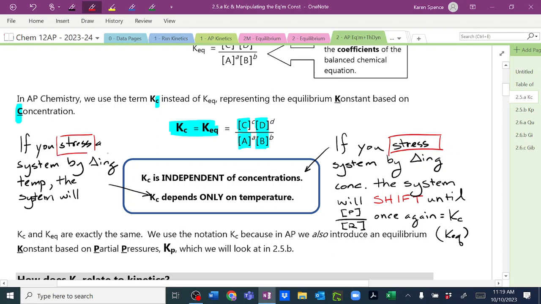If you stress a system by changing the temperature, the system will shift, has to shift, you've stressed it.